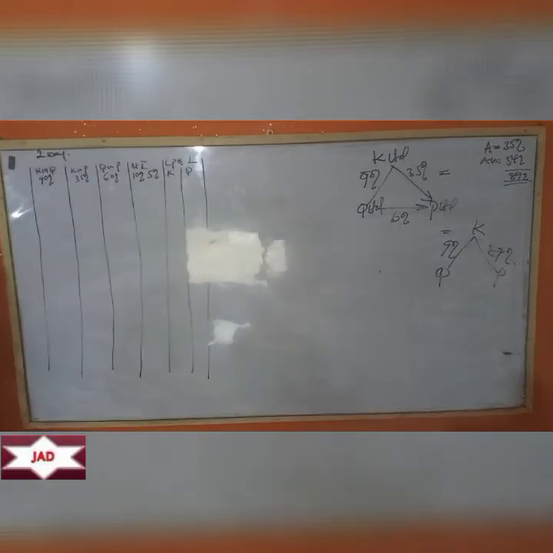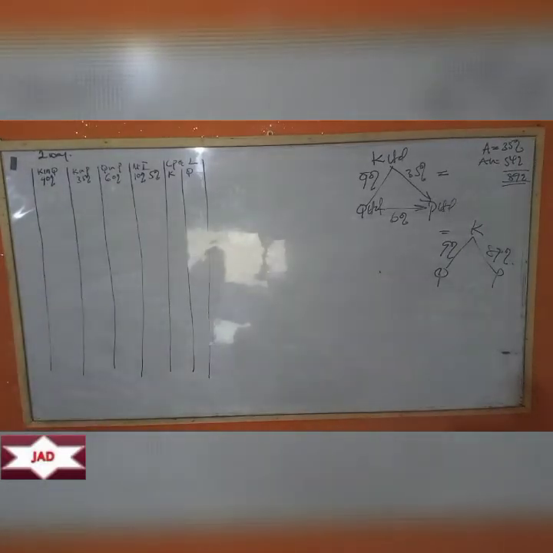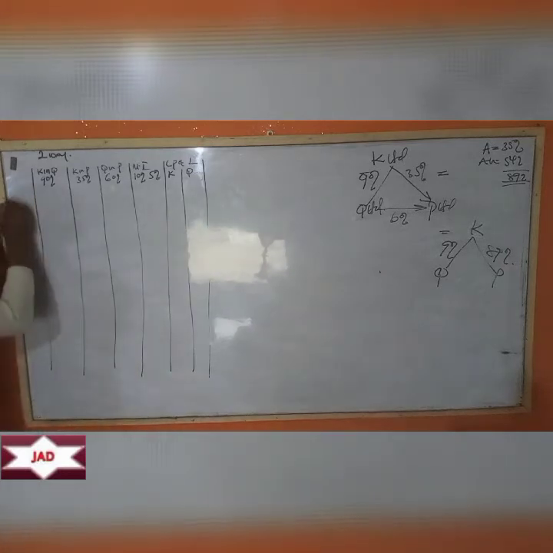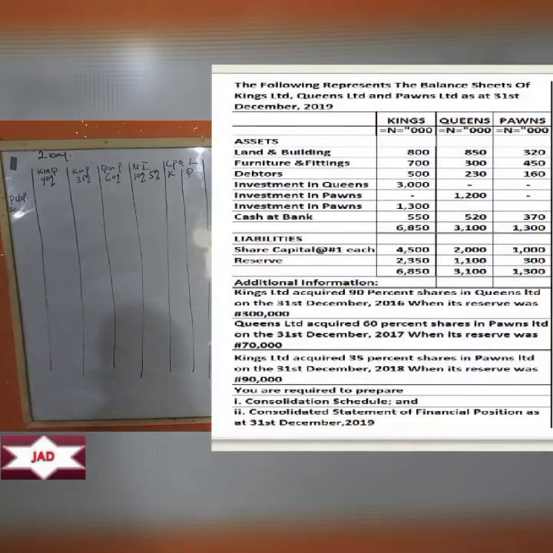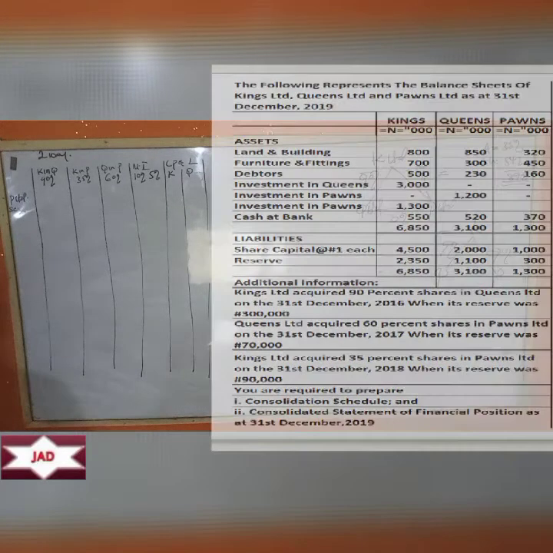What's the first one we're starting with here? Let's do P first. P Limited. What's the share capital for P? The share capital for P here is 1,000.